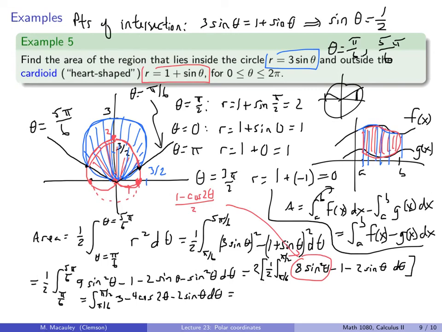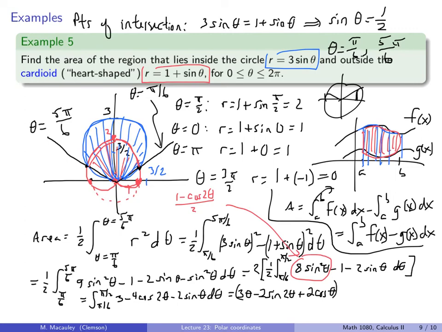So we know how to integrate these things. This is really easy. The integral of this is 3 theta minus 2 sine of 2 theta plus 2 cosine of theta.